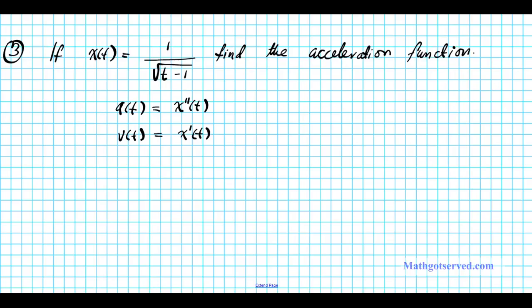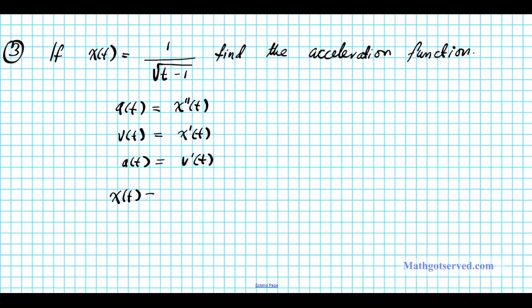All right, and this follows that the acceleration function is the first derivative of your velocity function. All right, so that goes the relationship. So given the position function, in order to find the acceleration, we will have to differentiate our position function twice. Okay, so let's go ahead and do that.